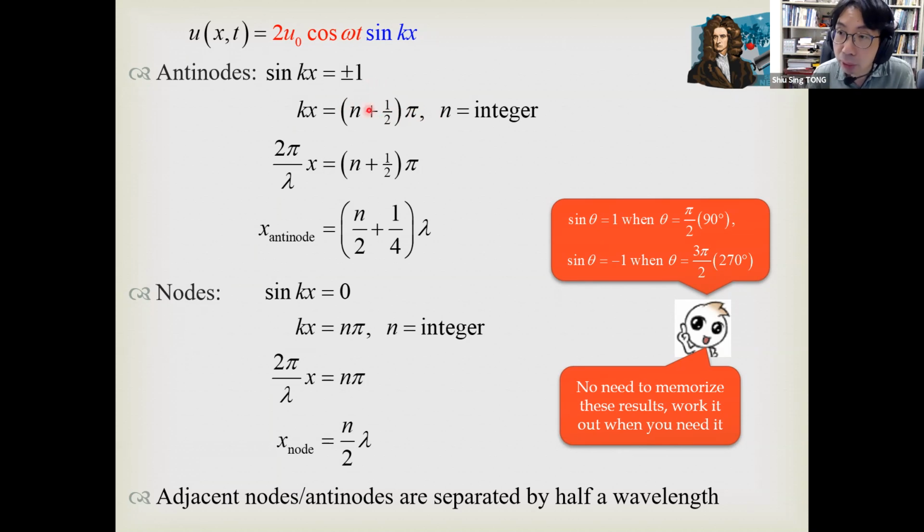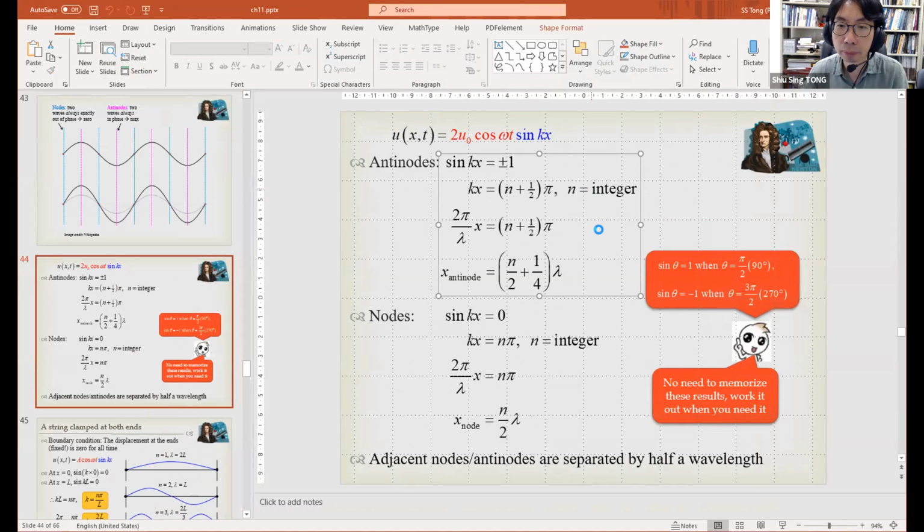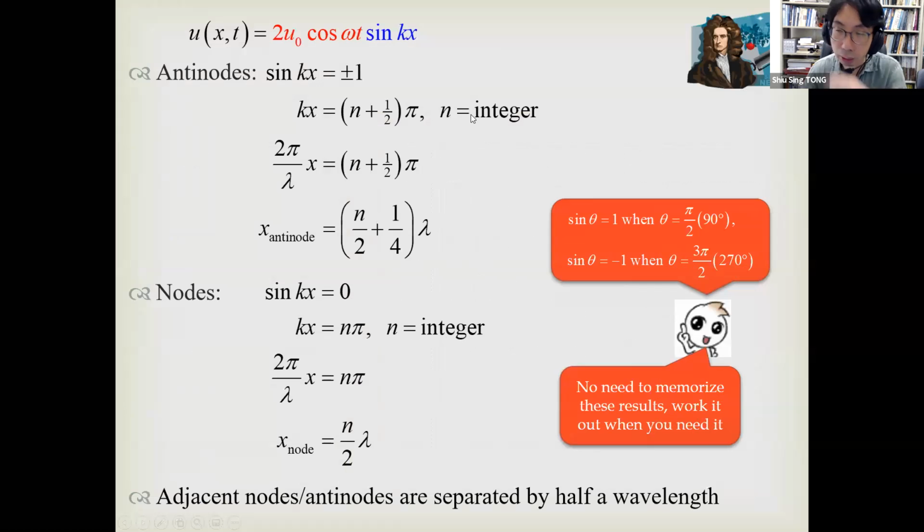So the general solution can be written as (n + 1/2) pi, where n is 0 or an integer, including 0. When n is 0, it's pi/2.